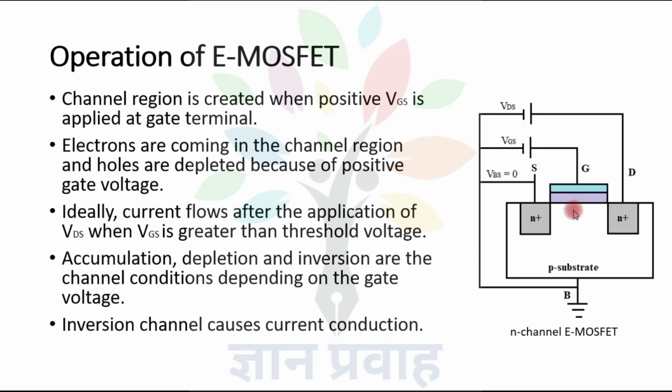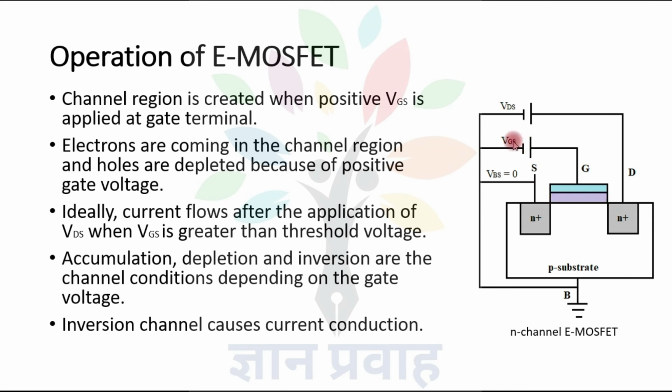Initially the channel is p-type material and positive charges are holes. It means holes are accumulated here in majority. That's why the regions are N plus, P plus, N plus, and there is no current conduction. This is the accumulation region, when the charge carriers are accumulated here.